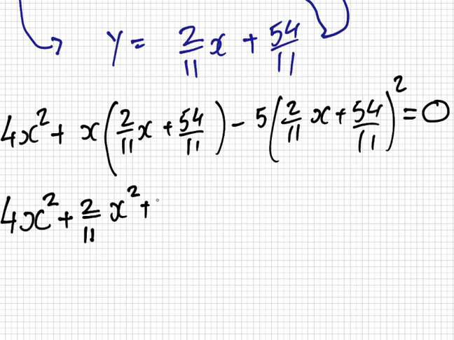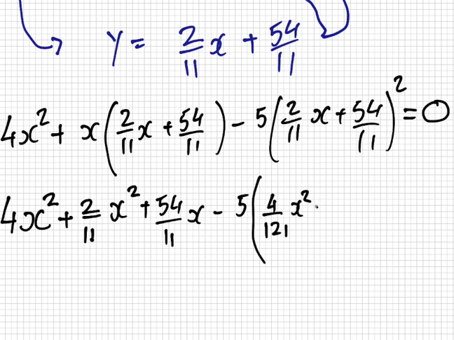Okay, so continuing, expanding 2 over 11x squared plus 54 over 11x minus 5 brackets 4 over 121x squared plus 216 over 121, is that right?